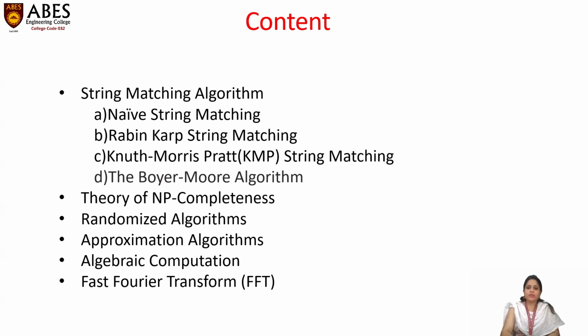The fast Fourier transform is an algorithm used to quickly analyze data by breaking it down into different frequency components. These applications are useful for handling data such as sound, images, signals, or any data that changes over time. So these are the various topics that we are going to discuss in our upcoming lectures one by one in detail.